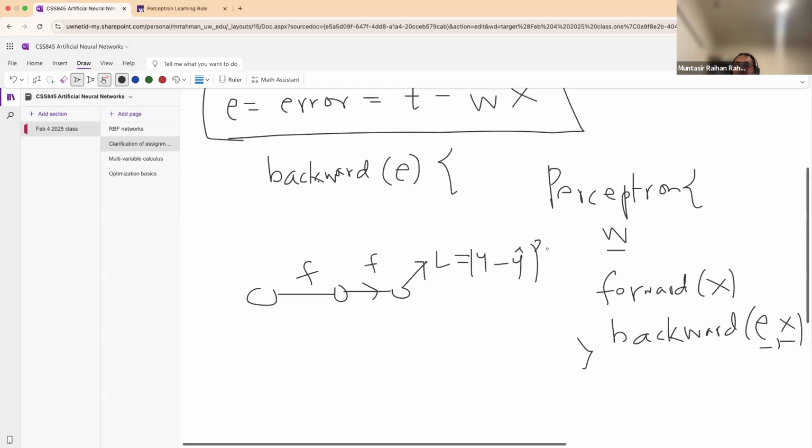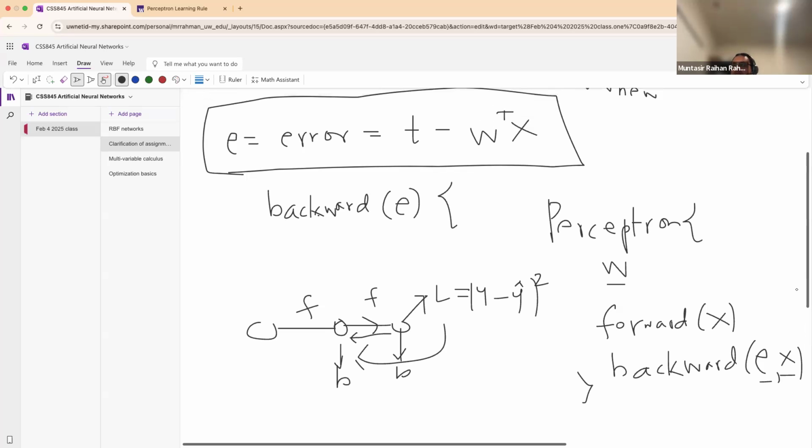Then you start doing the backward, and every neuron will have its own backward, which takes as input the gradient from here and does its own backward, propagating the loss in the opposite direction. So each neuron should have a forward pass and a backward pass, which is why that should be the structure. It should not be inside your forward.